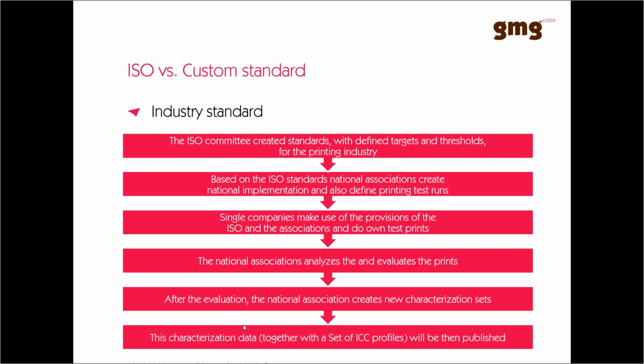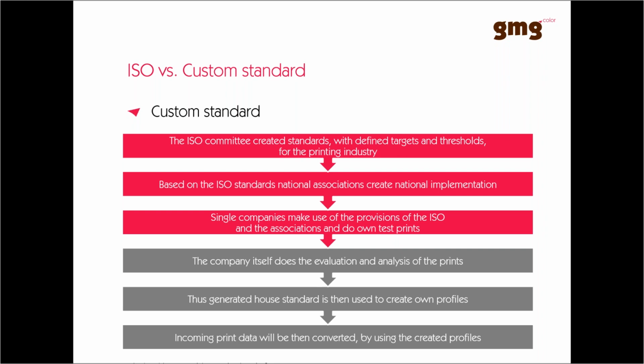So now what's the difference to a house standard? On a house or custom standard, the first steps are exactly the same, or they should be the same. If you create your own custom standard, you should also follow the ISO standard and maybe the national implementation. So follow the rules of the 12647 plus the lighting conditions and so on.